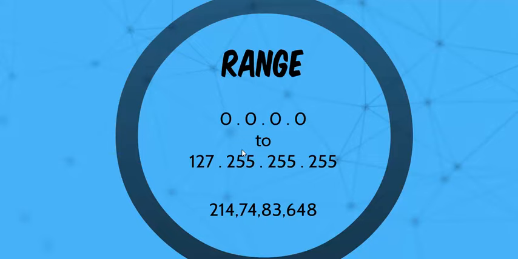Of all 32 bits, the priority bit is not changed throughout Class A, and the remaining 31 bits can be either a 0 or 1. So the total number of possible IP addresses with Class A is 2 power 31, which is approximately 214 crores.